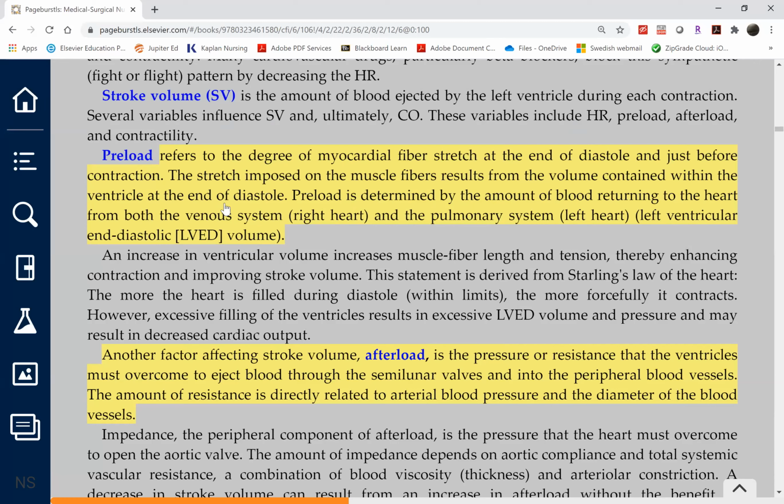Any question on the concept of preload? We'll discuss how these work, but do you understand preload so far? Yes. Okay. Make sure you understand, because when we go to the next chapters, 34 to 38, they will not explain preload and afterload anymore.